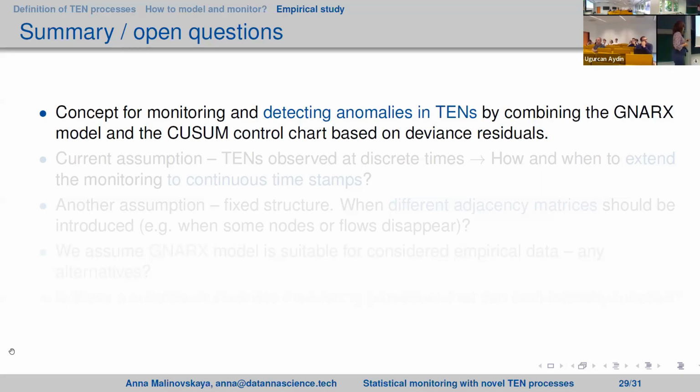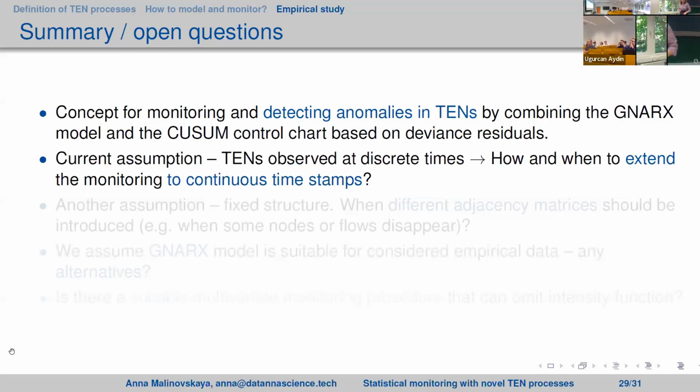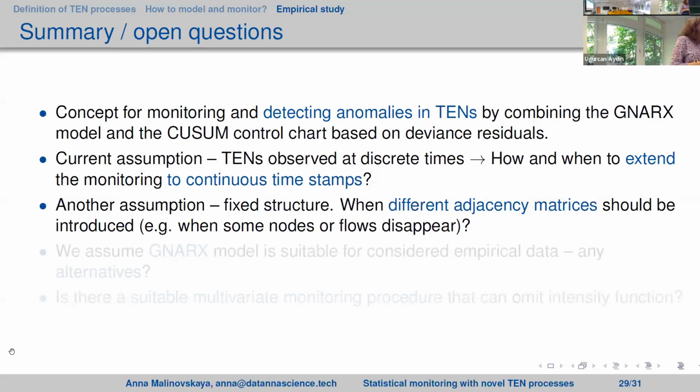We have a strong assumption that the flows are collected at discrete times, but a lot of such flow processes are in continuous time. So the question is, how can we extend to that, or can we extend to that? And when does it actually start being important to incorporate it? We went to weekly timestamps, which is far from continuous, but if we think about a more realistic example, it should be there. Also, we have the assumption of a fixed structure, which is something we started from, so that is great.